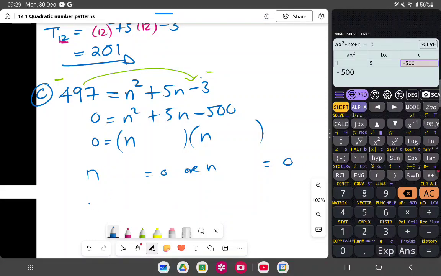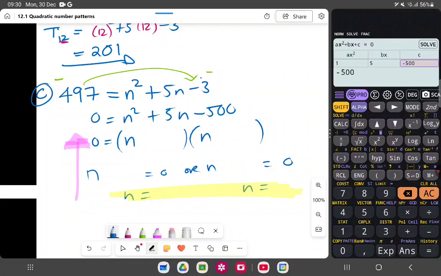Then you are going to say, taking something to the other side, n equals a number and n equals a number, right? Now, the answer you are going to get from your calculator is going to be this line. So you are going to input that line, and then you are going to move back to this line. Please pay attention to your signs, okay?